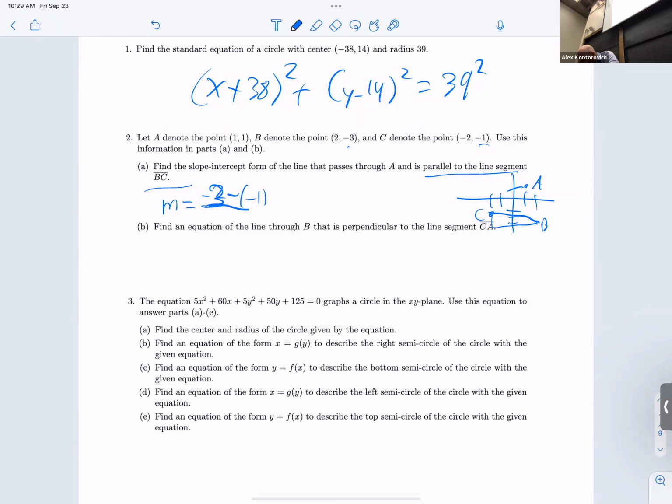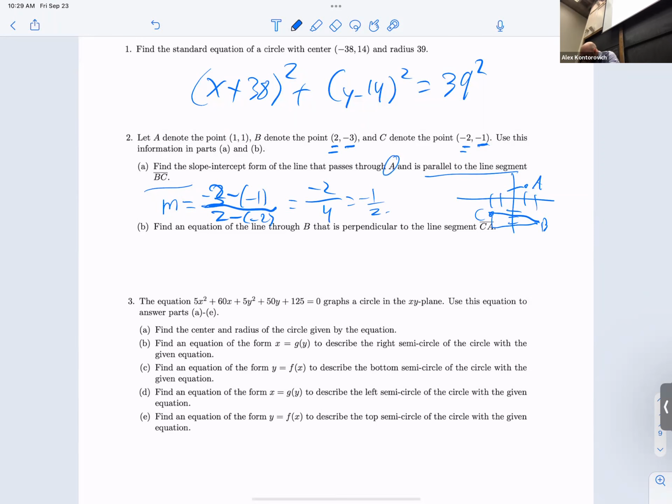It's this y coordinate minus that y coordinate, divided by this x coordinate minus that x coordinate, 2 minus negative 2. So that is negative 3 plus 1, which is negative 2, divided by 4. That's the slope of negative 1/2, the slope from C to B.